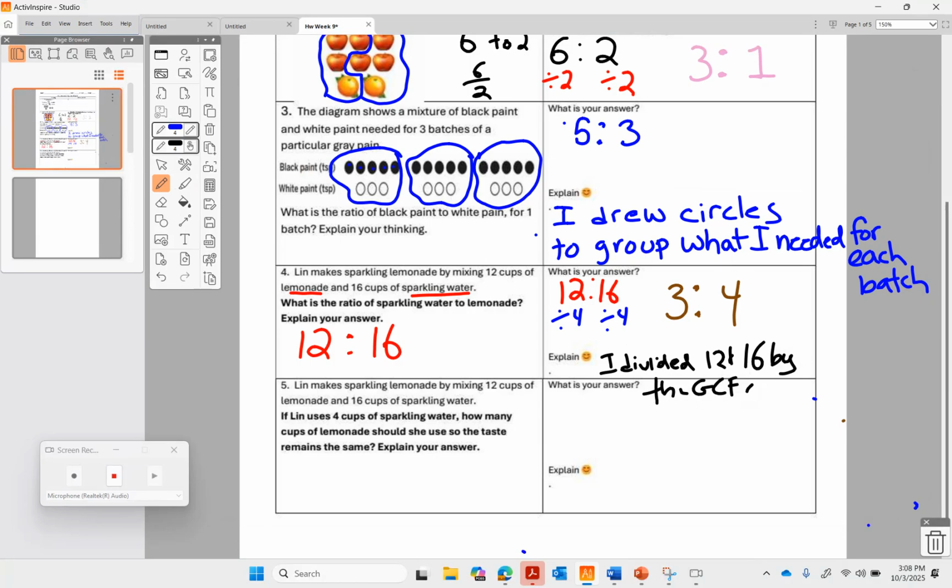There's a lot to write there. Okay, but the other part that I wrote, and then at the end I wrote, I divided 12 and 16 by the GCF of 4 and got 3 to 4. Okay, that's a little messy. I'm going to clear my annotations and go on to the next one.